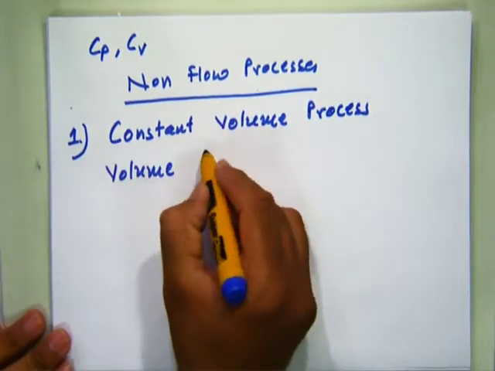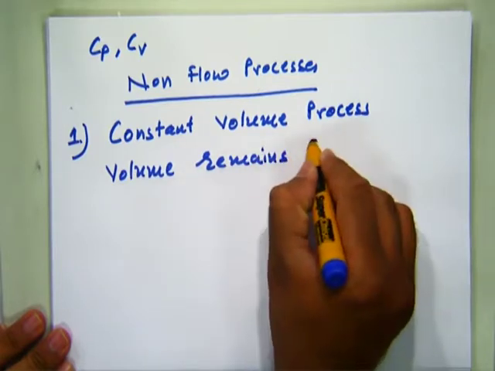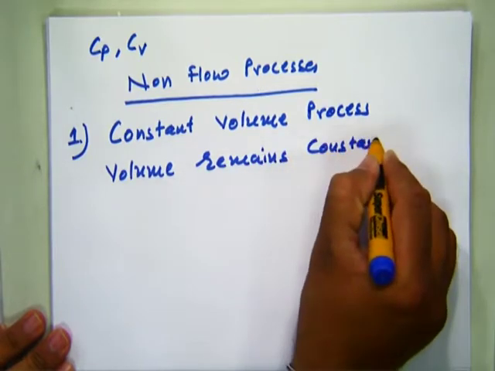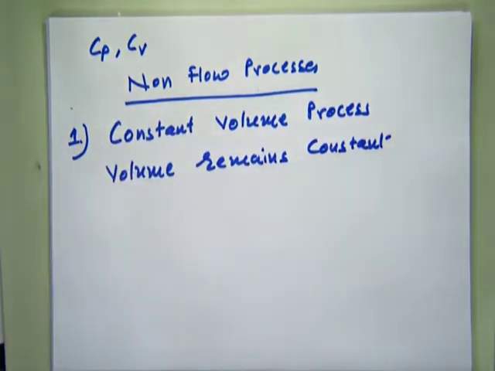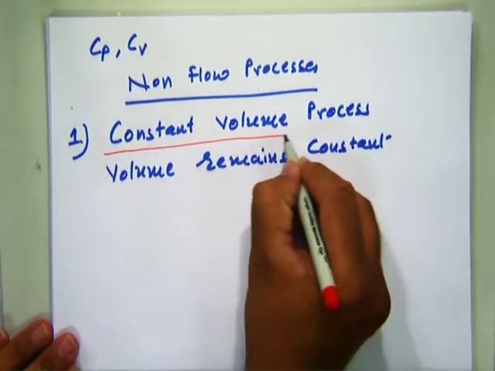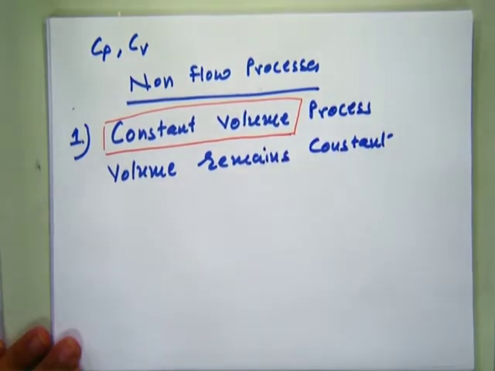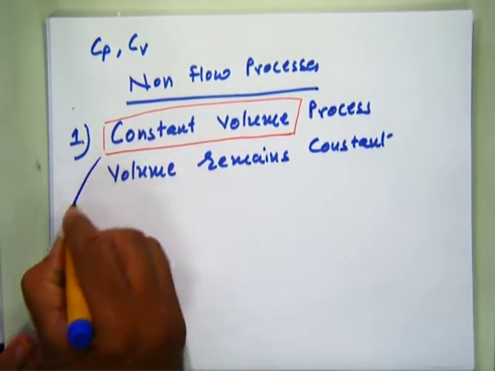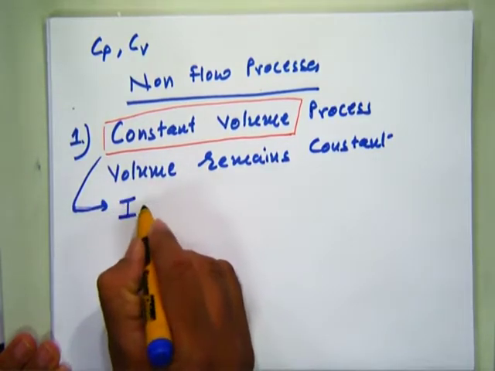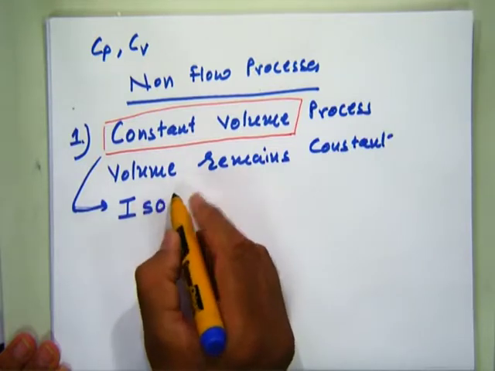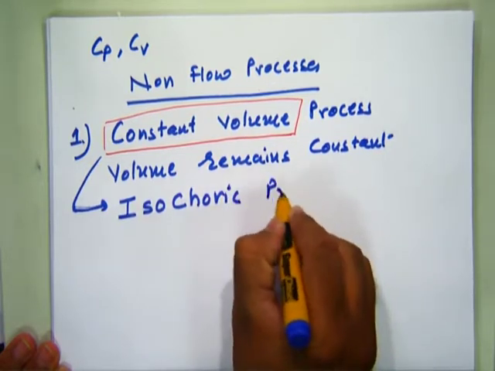Friends, the name of this process is constant volume, and we can also say that it is an isochoric process.